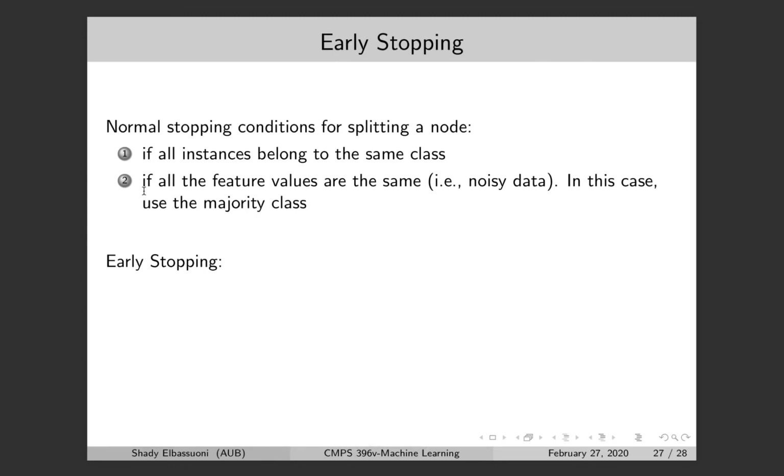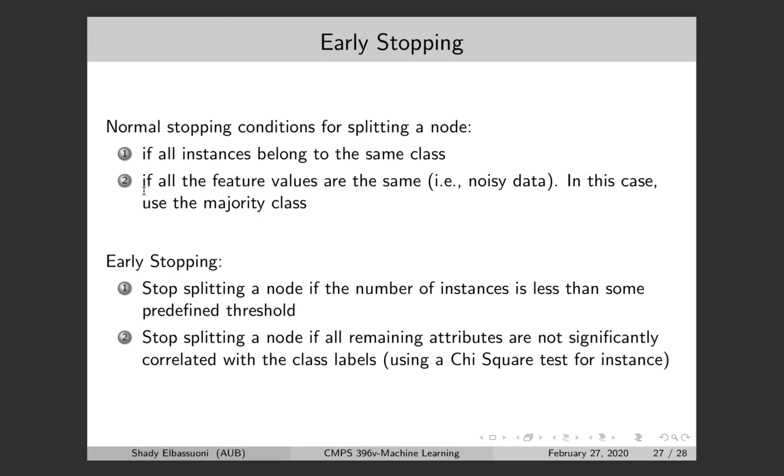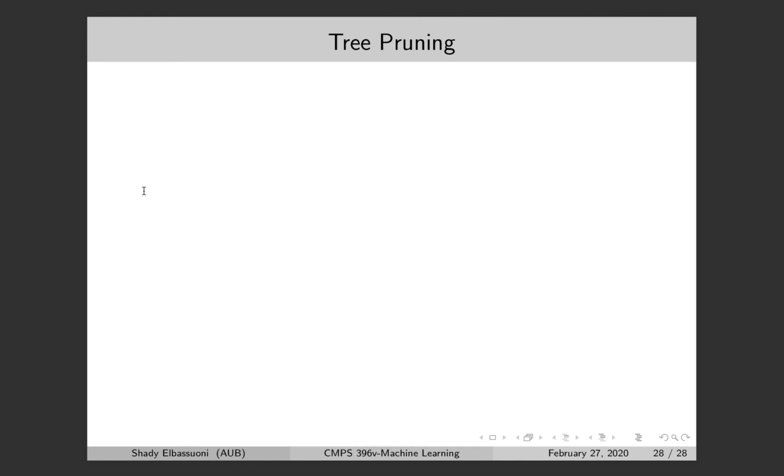So early stopping works as follows. You stop splitting a node if the number of instances is less than some predefined threshold. You stop splitting a node if all remaining attributes are not significantly correlated with the class. And you can use a chi-square test to verify this, for instance. Tree pruning.